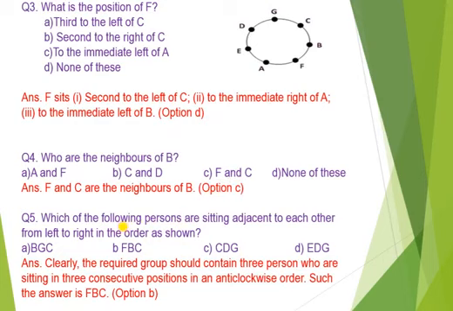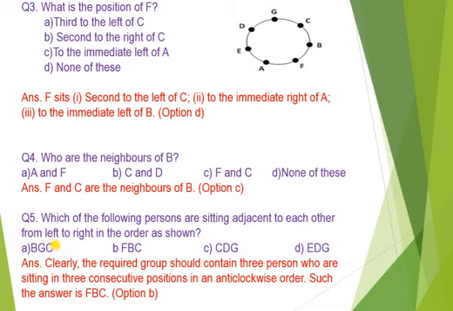Question number 5. Which of the following persons are sitting adjacent to each other from left to right in the order as shown? Option A: BGC. Option B: FBC. Option C: CDG. Option D: EDG. Answer: clearly the required group should contain 3 persons who are sitting in 3 consecutive positions in an anti-clockwise order.